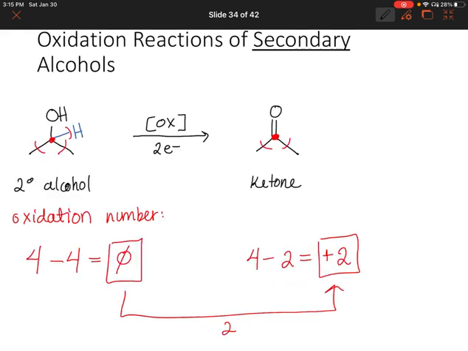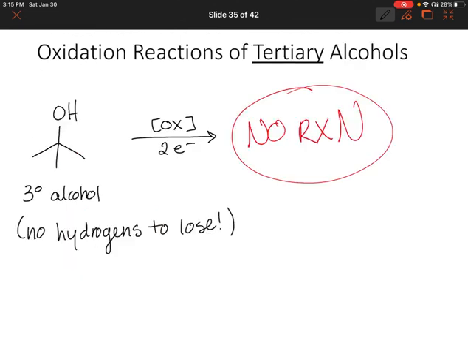And then in our secondary alcohol, we had 1 hydrogen we could lose. But with a tertiary alcohol, we don't have any hydrogens to lose, so we can't perform oxidation on a tertiary alcohol. So that might be a trick question in the future, so just remember that detail. You cannot oxidize tertiary alcohols.